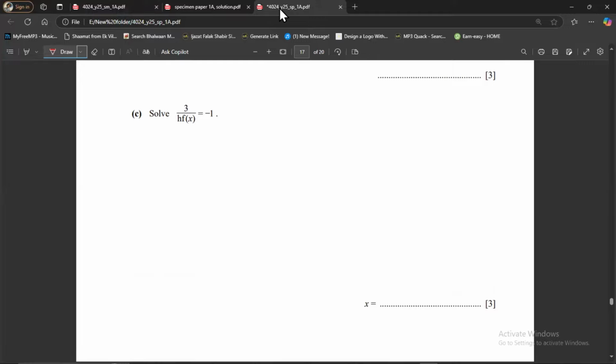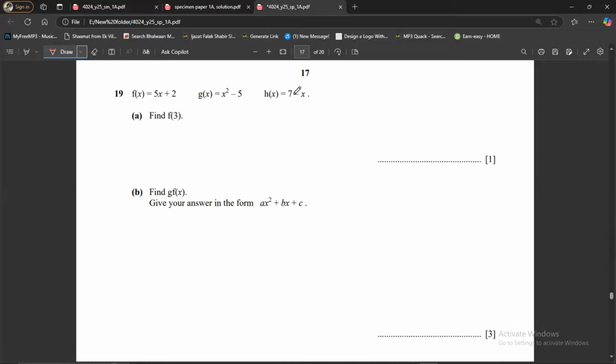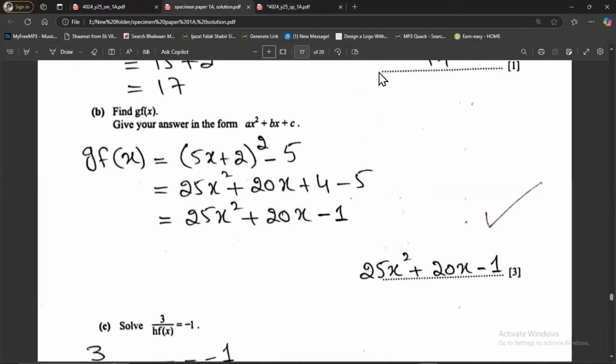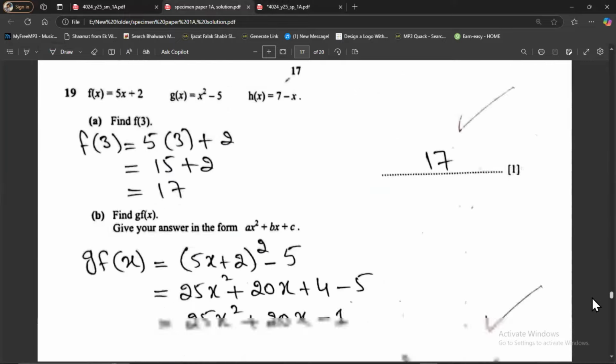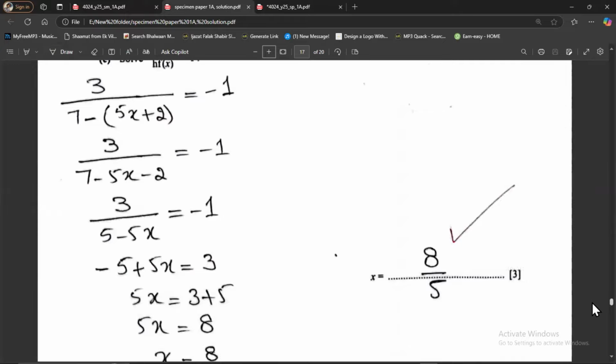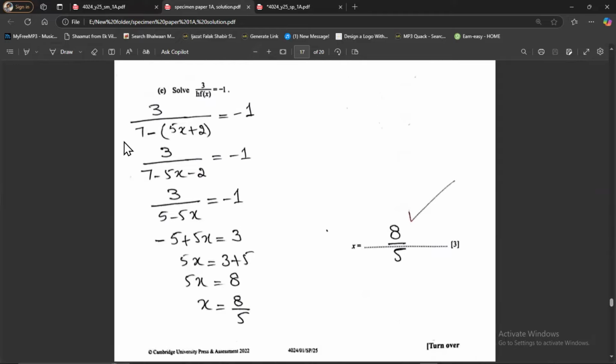In the formula of h of x, wherever is the x, I will substitute f of x, that is 5x plus 2. So we will have 3 divided by 7 minus 5x minus 2. So 3 divided by 5 minus 5x.